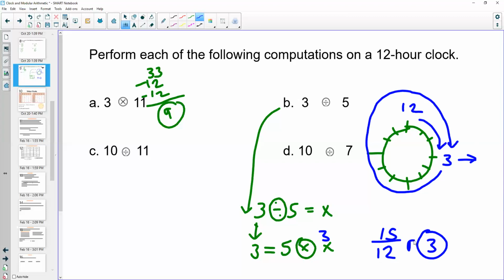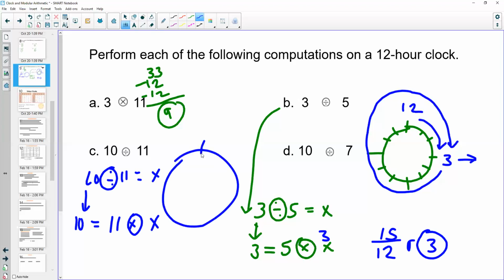Let's do the same thing for 10 divided by 11. All right, 10, I'm going to rewrite it. Oops, I'm not going to rewrite it like that. I tried to write 11 first. 10 divided by 11. So I'm going to think about that as 10 equals 11 times something, okay? So I have to think about how many times I have to go around the clock.